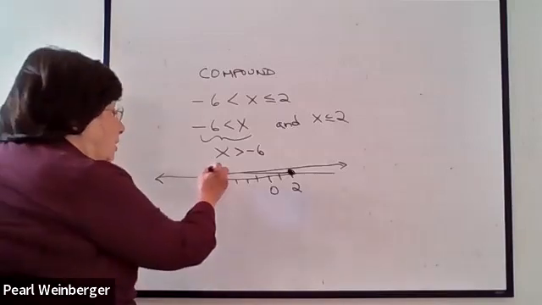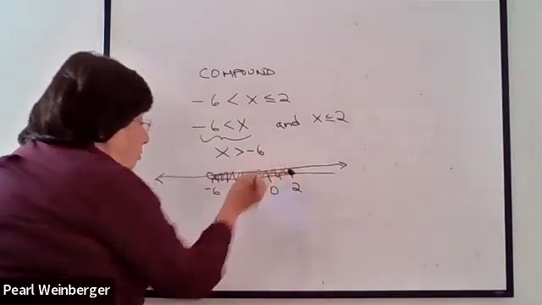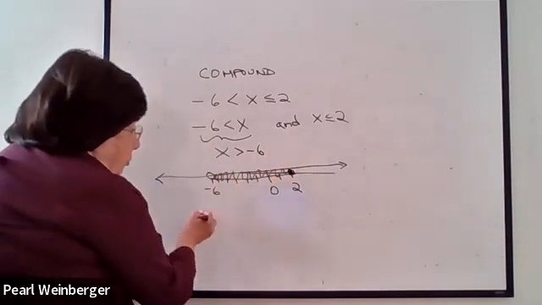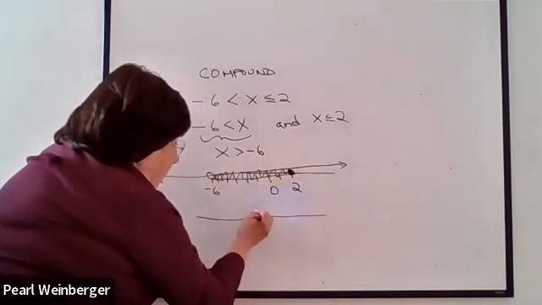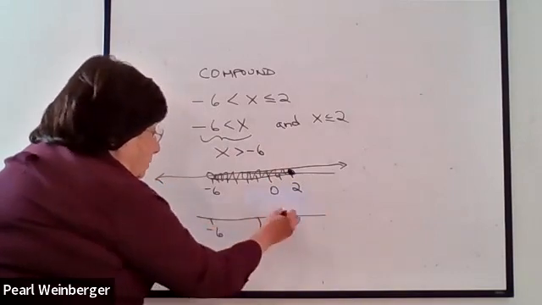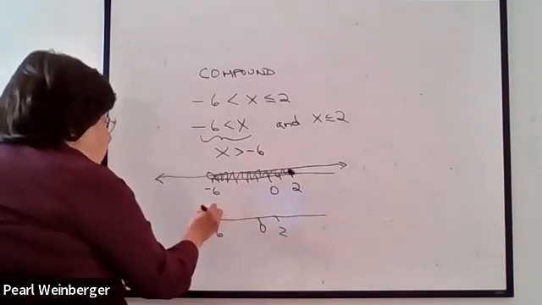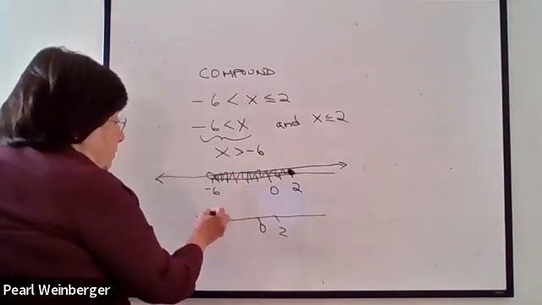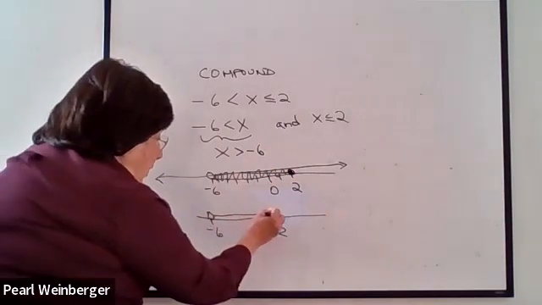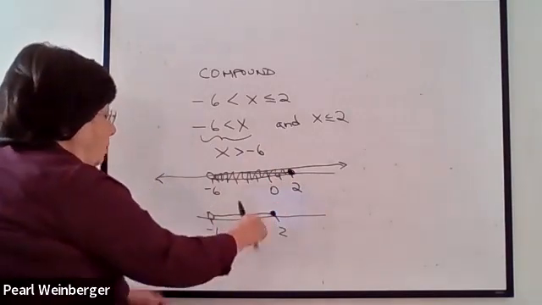Where do they intersect? And it's right in between here. In other words, the correct way of graphing this would be, here's my -6, here's my 2, an open circle at -6, and a closed circle at 2, and a line joining them.